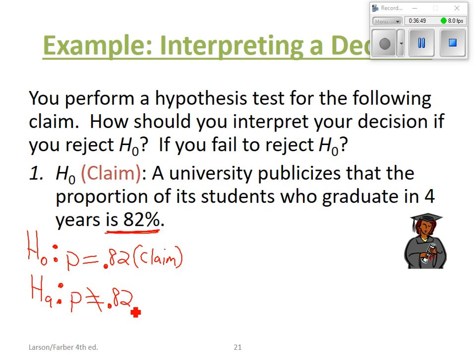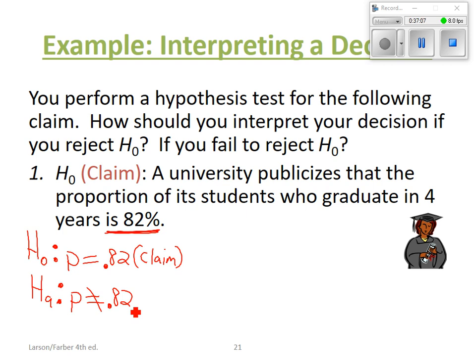That's what we write. Now, what if we fail to reject? We go to this row going across here where it says fail to reject, and was the claim the HO or the HA? The HO.